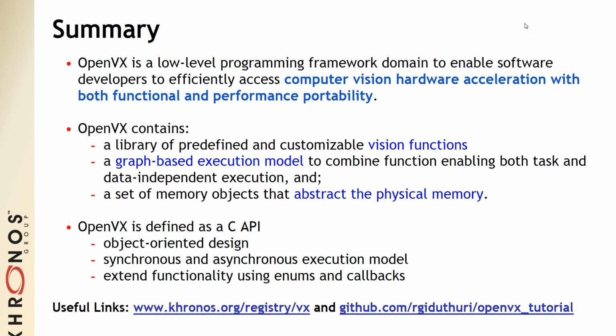So AMD has a publicly available open source implementation. There's also the VisionWorks library from NVIDIA, which has an OpenVX implementation in it. Those are available now on those devices. AMD uses both CPU and GPU, and NVIDIA also uses CPU and GPU for acceleration.